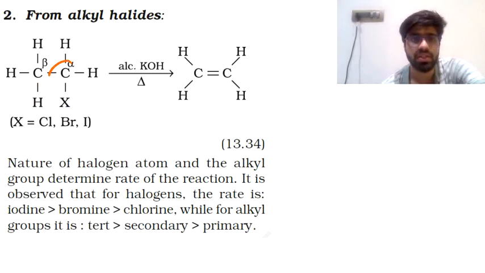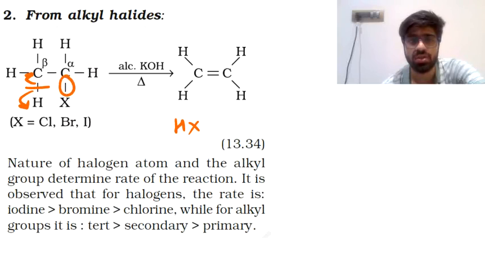Understand this. There is a carbon atom here, it has the halogen atom. The neighboring carbon atom is this. So the halogen is going to leave with the hydrogen atom of the neighboring carbon atom. When the two of them leave, you get HX. Let us assume that there were 2 electrons here. Hydrogen took away its electron, and carbon took away one electron with it.